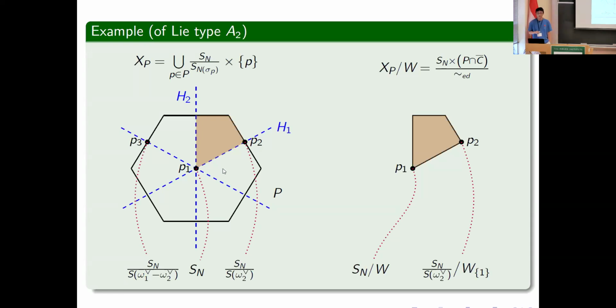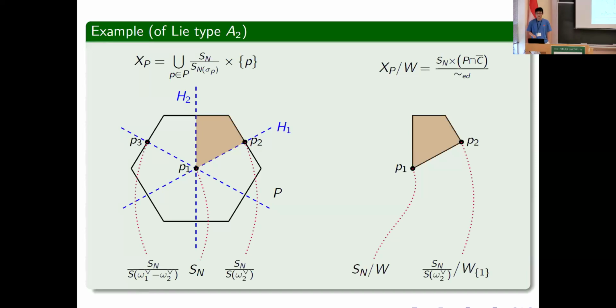At p2, the normal vector is omega_2, so the torus at this point is S_N mod the subtorus spanned by omega_2. Similarly, the torus at p3 is S_N mod the subtorus spanned by omega_1 minus omega_2.